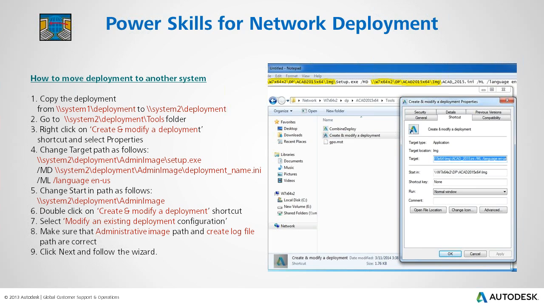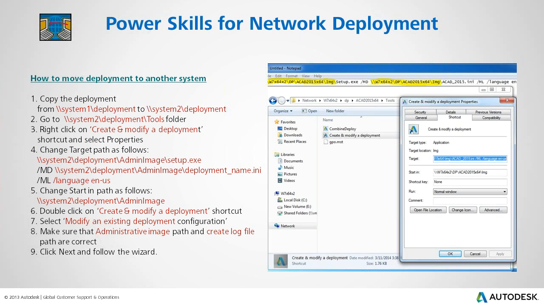Once you move and copy it there, there are certain paths that need to be updated. You can do this manually by modifying the INI files, but it's much easier to use the Create Modify tool to let the wizard do this for you automatically. And here are the steps for how to do it. Once you copy the deployment to your second folder, you modify the shortcut parameters.